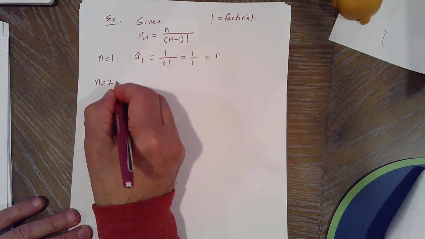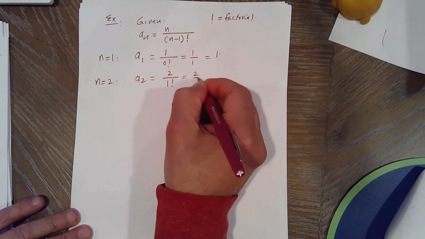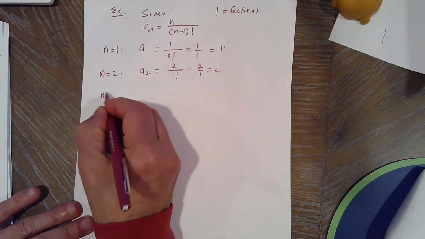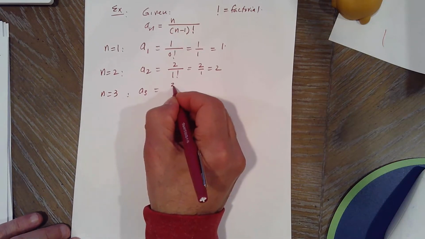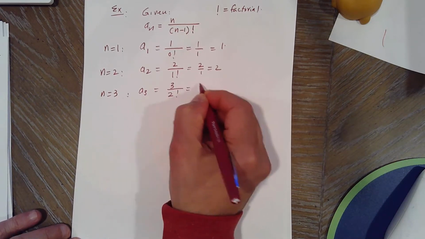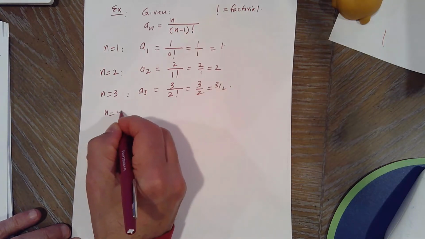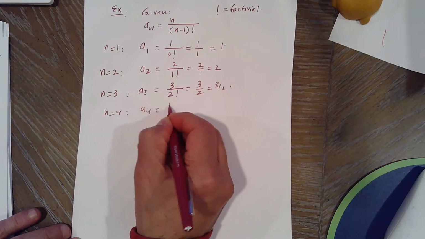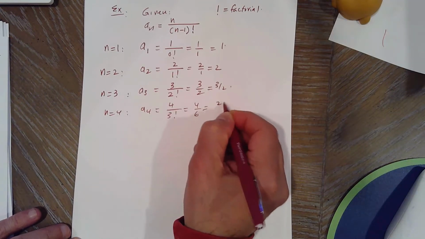To find the second term, a2 is 2 over 1 factorial, 2 over 1. To find the third term, a3 is 3 over 2 factorial, 3 over 2, and so on. a4 is 4 over 3 factorial, 4 over 6, 2/3.